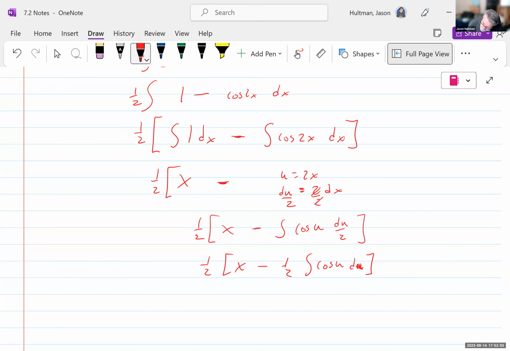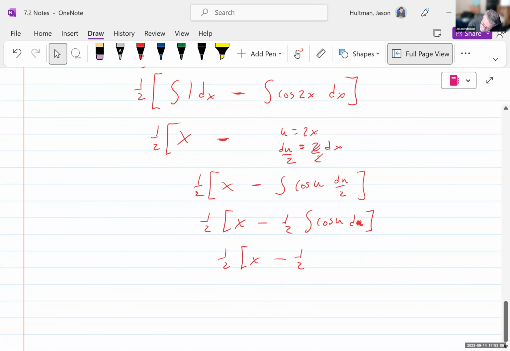The integral of cosine u is just sine u. So this is going to be 1/2 times x minus 1/2 times the sine of u, plus c.